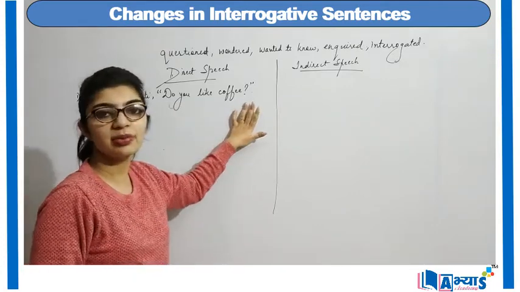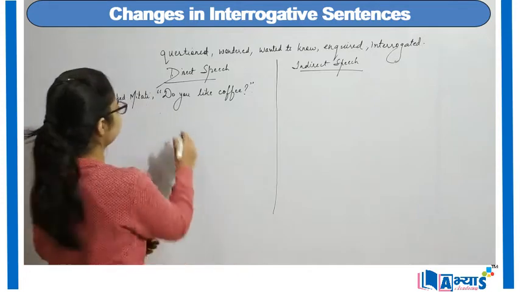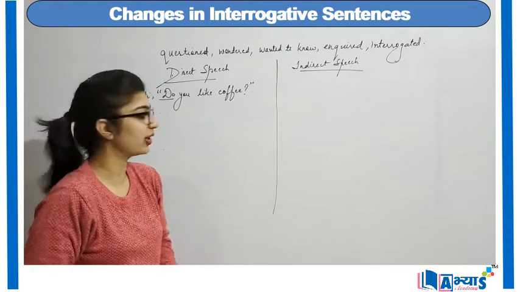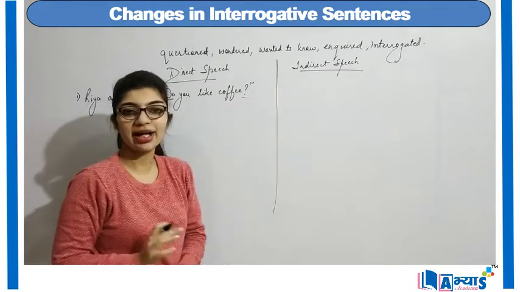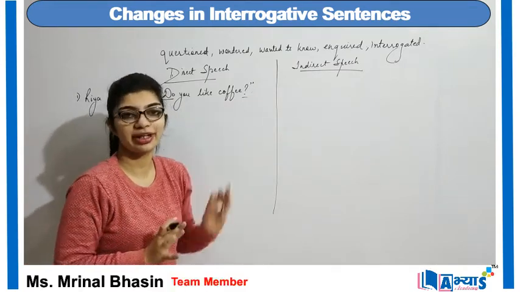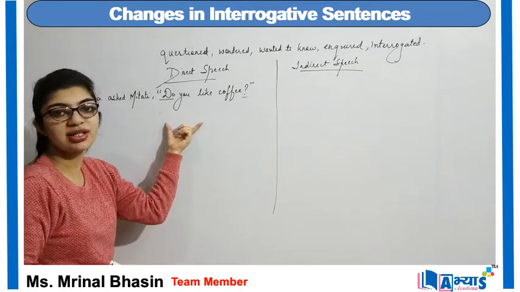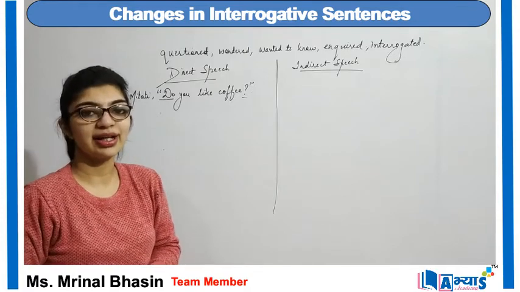Now since there is a question mark, I know that my sentence is beginning from do. Do is for interrogation and a question mark at the end. Definitely this is my interrogative sentence. And since it is within the inverted commas, I know that this is my direct sentence.